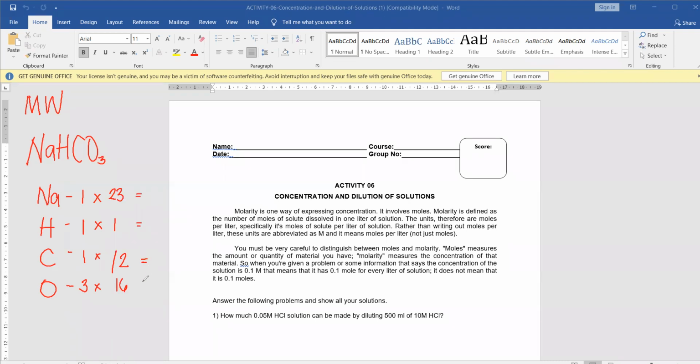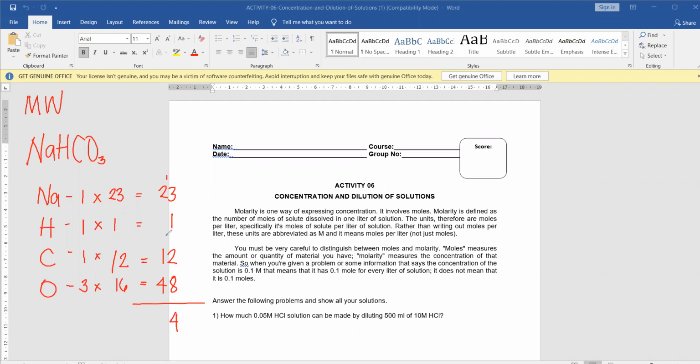Again, we have sodium, hydrogen, carbon, and oxygen. And the next thing that we will do, syempre, is to multiply each of them. So this is 23, 1, 12, and 16 times 3 is 48. Then afterwards, we will add this one. 4, 6, 14, carry 1.